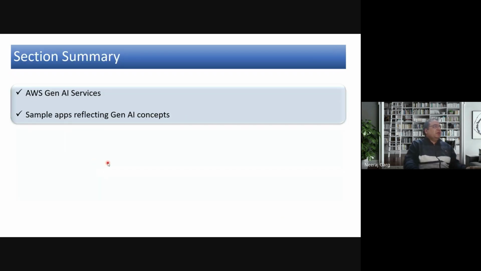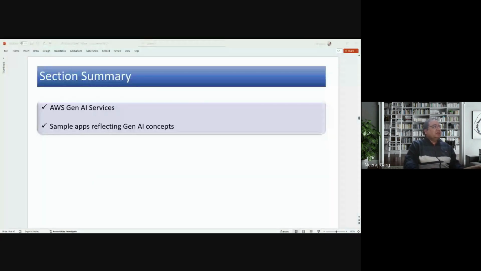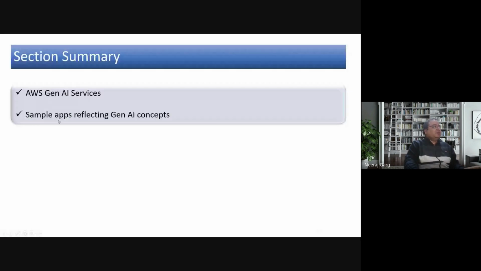This is the section summary. Here we can conclude about AWS GenAI services, right? These are the services we discussed. I think by now you should be able to differentiate what an AWS GenAI service is, what a foundation model is, how it looks, and what an application based on GenAI services is.